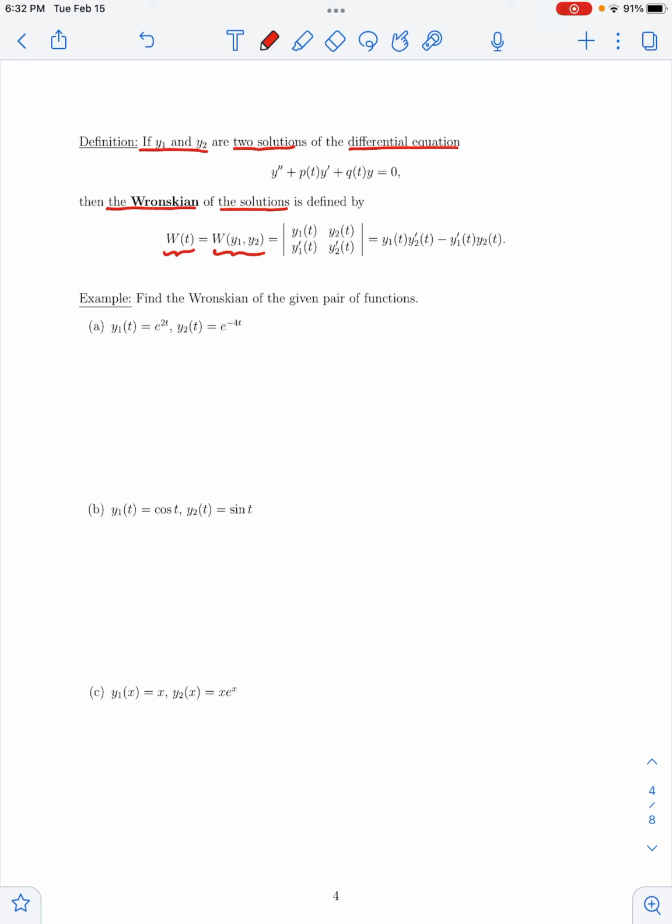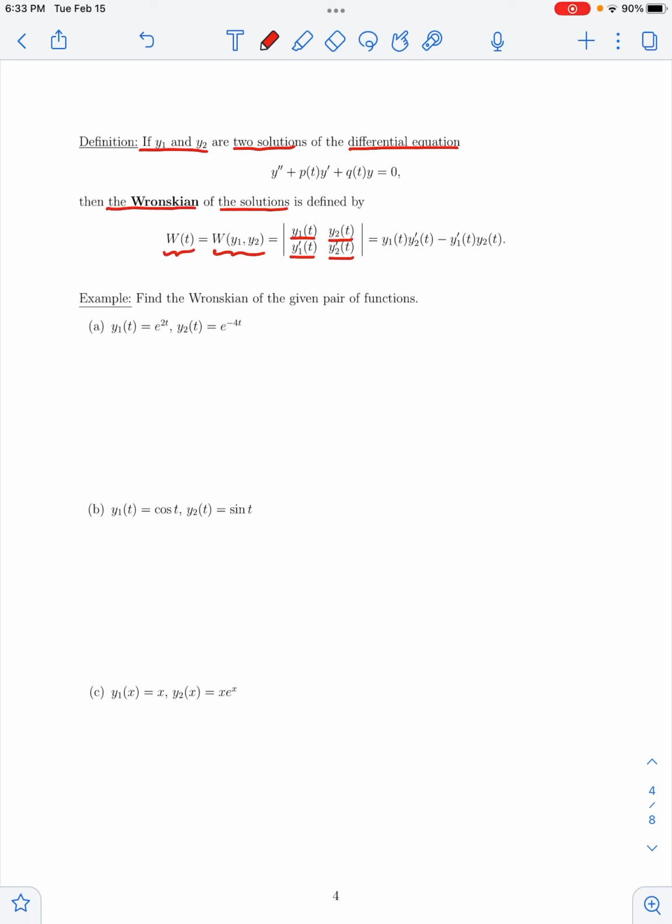And the way that it is defined is as the determinant of a 2x2 matrix, where the first row of this matrix consists of our solutions, y1 and y2. We put in the first row, and our second row of this matrix would be the derivatives of those functions, y1 prime and y2 prime.